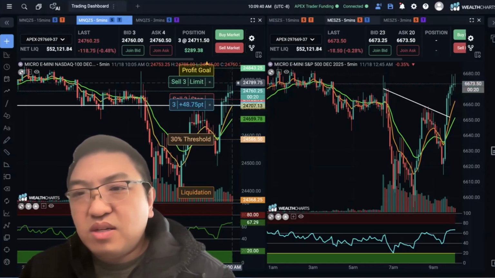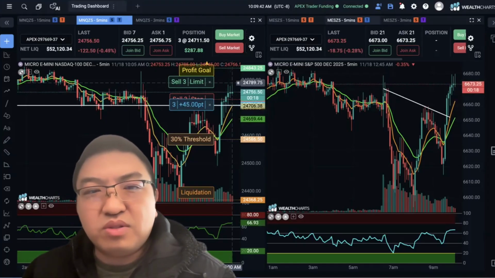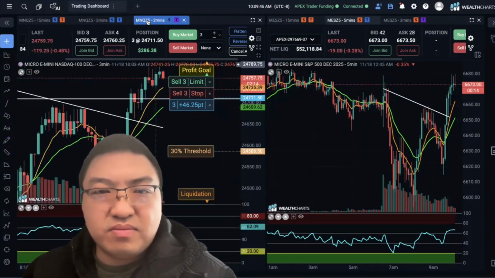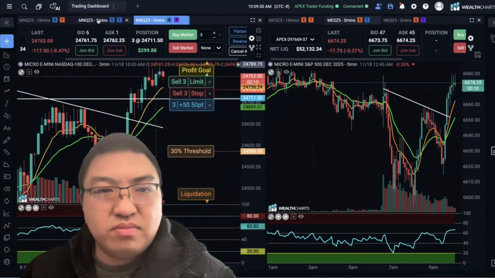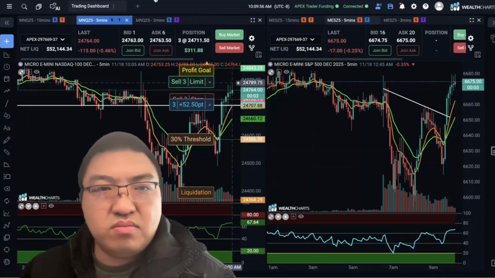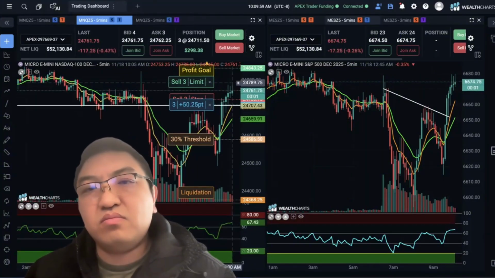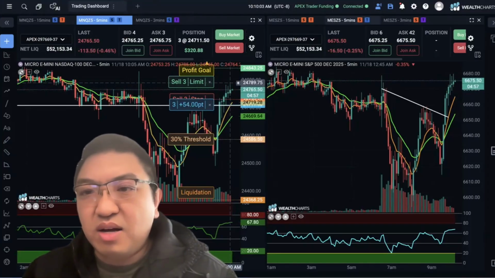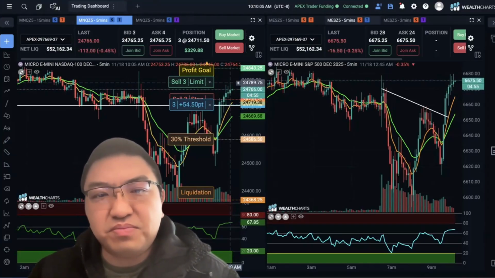And ES got pushed back. Some sideways like this, you get pushed back. Okay, 5 minutes is still going up, an upward candle.